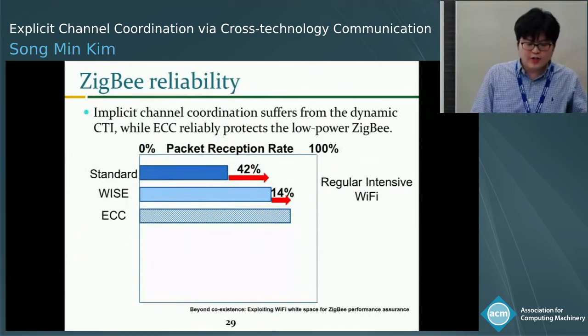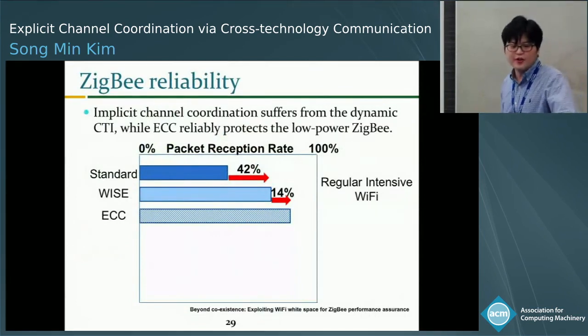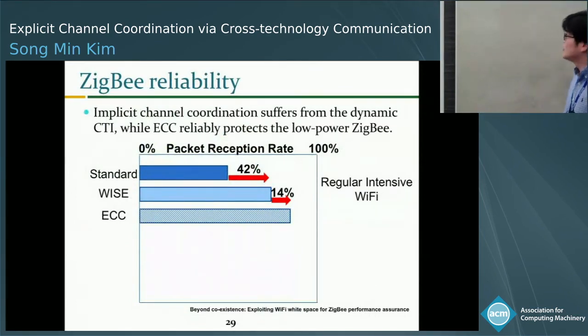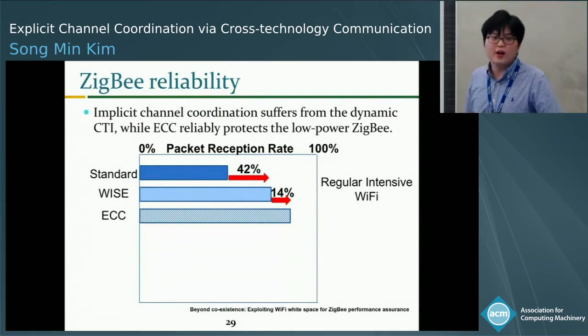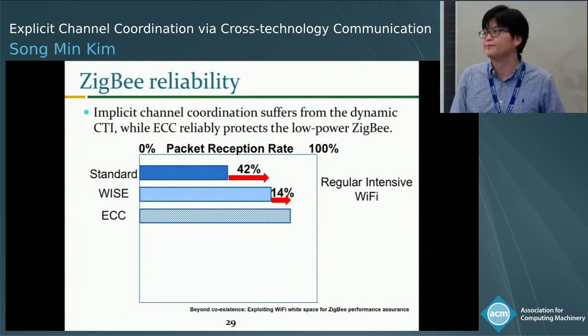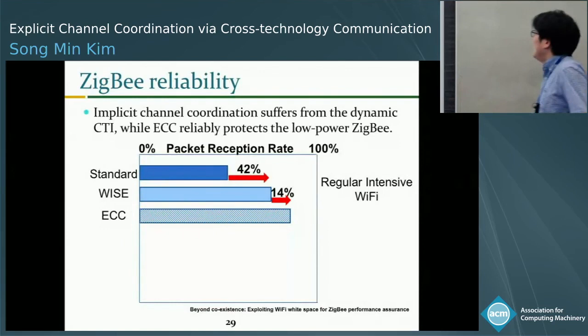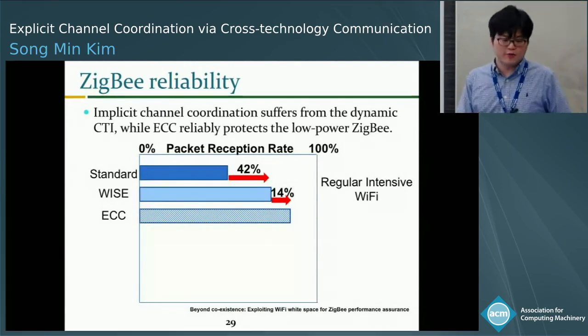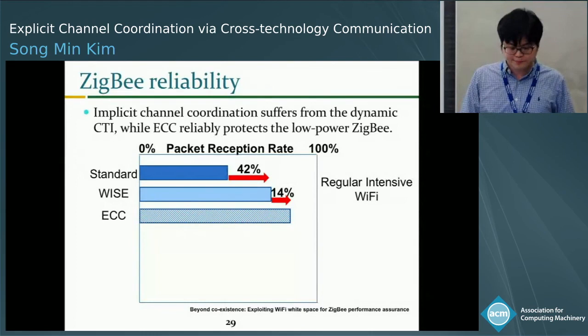Let us first see the reliability of ZigBee under ECC, as well as standard, which indicates the legacy ZigBee, and WISE, which is one of the state-of-the-art using implicit coordination. Under regular intensive Wi-Fi, meaning periodic intensive Wi-Fi, the standard starts to fall pretty short.